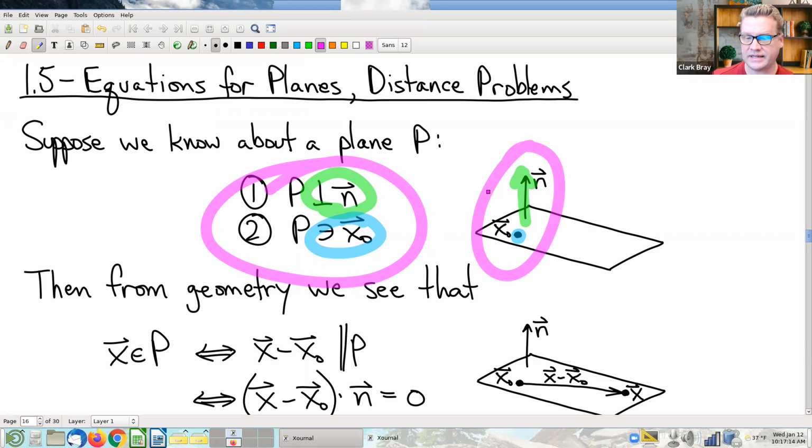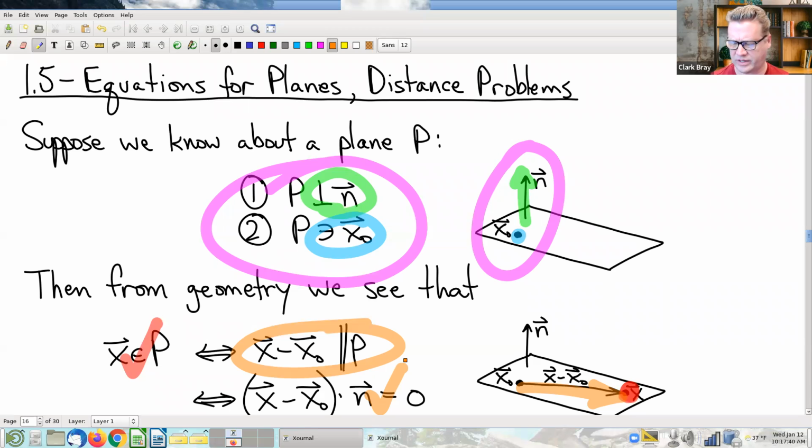Well, big idea is that if you want to test some point X, that point X is in the plane simultaneous with this vector being parallel to the plane, otherwise known as orthogonal to the normal vector.